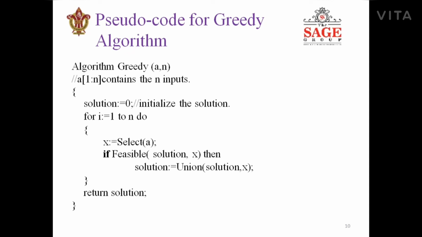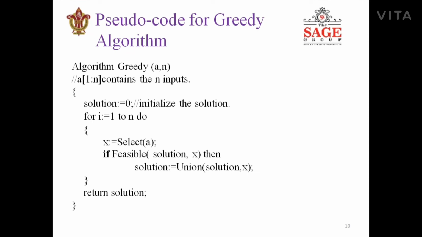specified in the problem. If the input value satisfies the condition given in the constraint, then it will be selected, and that input value will be stored in the variable x for performing the feasibility check. To generate the optimal solution, we will run a function called feasible, and we will pass two parameters, solution and x. Solution is initialized to 0, and x is the input value selected in the previous line.